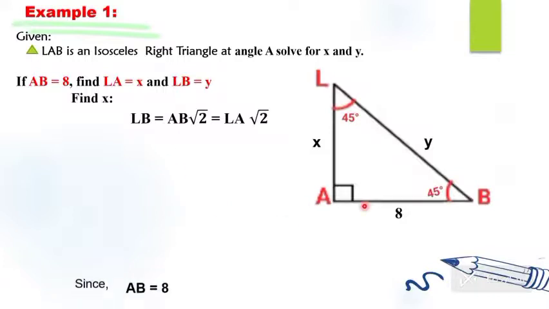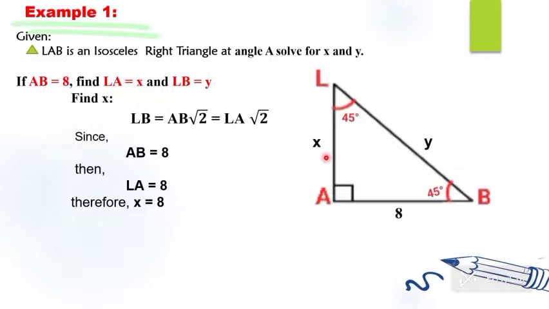To find the value of x, since AB is equal to 8 and AB is equal to LA, we can simply use 8 as the value of x. Since AB is equal to 8, then LA is equal to 8. Now we get the value of x, which is 8.